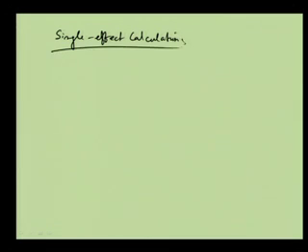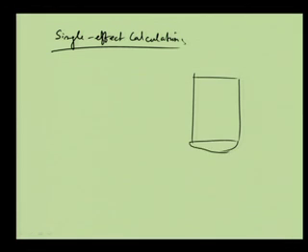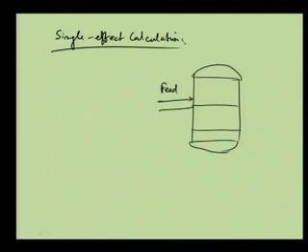Now, if we start with the single effect calculation, it is like this. Let us draw a simple single effect evaporator. This is the evaporator tubes part. Here is the feed, and here is the steam. For the feed, m dot is the mass flow rate, and the suffix indicates which stream it is.